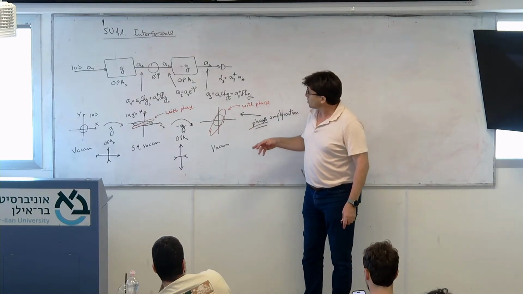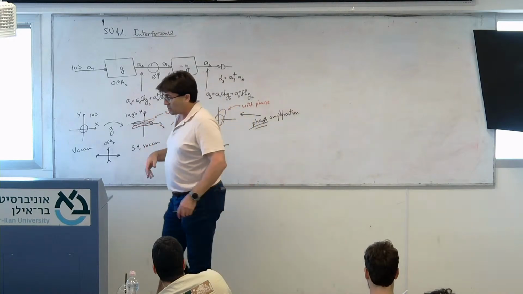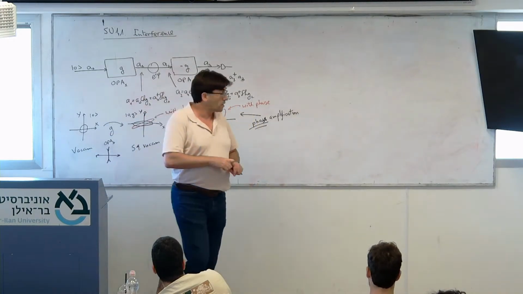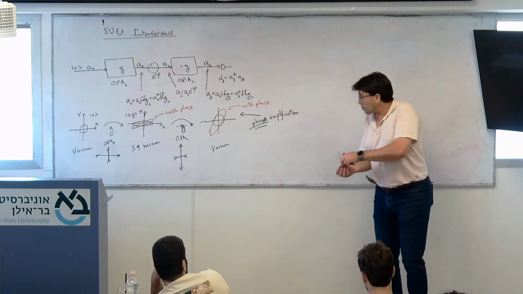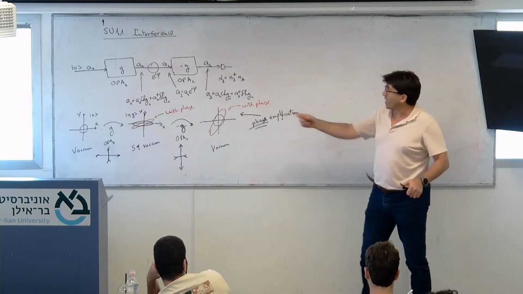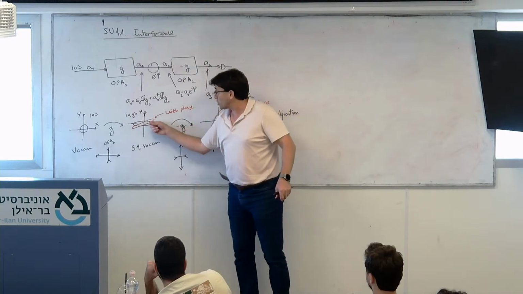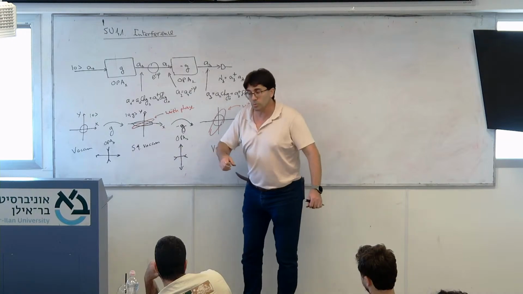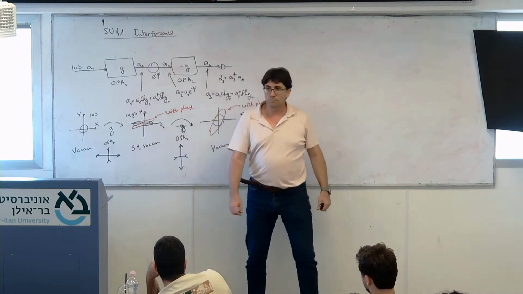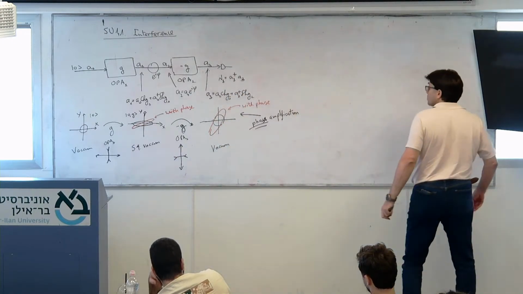Because this amplifier, it is an amplifier. It amplifies one quadrature. And therefore you take the quadrature that encodes the phase information. The phase information is now encoded in the y quadrature. And what do I do? I'll stretch it.